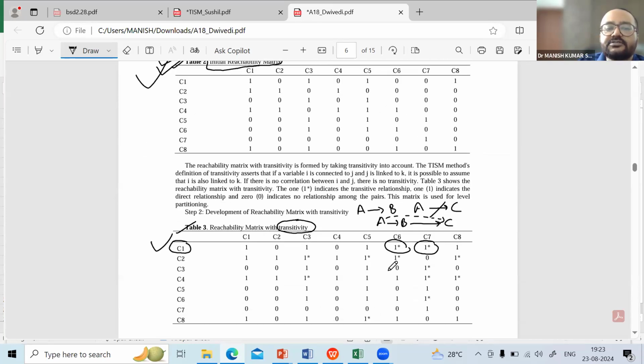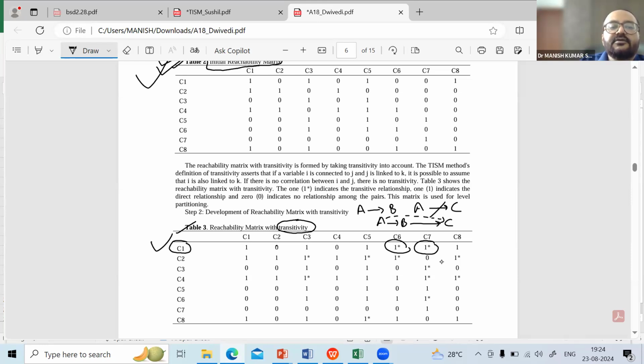Now we are going to the transitive relationship, which we can find out. For example, here C1 is not having any relation, so we cannot check it. We'll see whether C2 has a relation with C1.